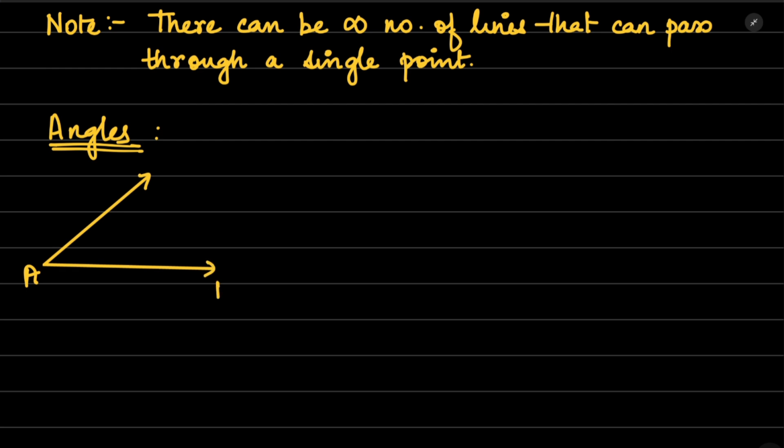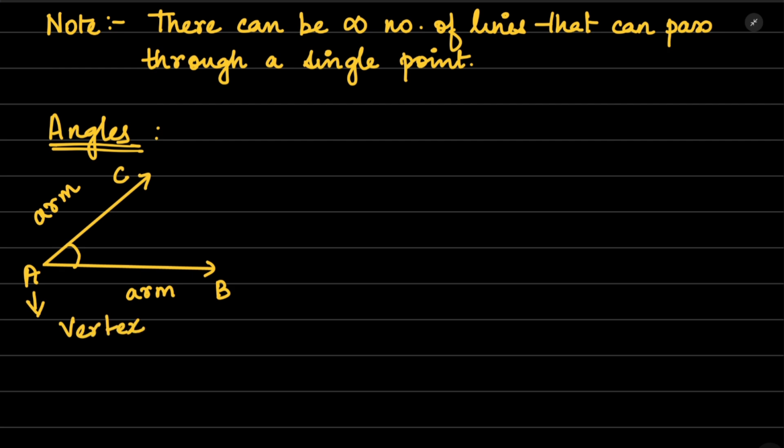So ray AB is one ray, AC is another ray. An angle is formed when two rays meet at the same endpoint. AC is an arm, AB is also an arm. When they meet at a fixed point A, this is called the vertex.